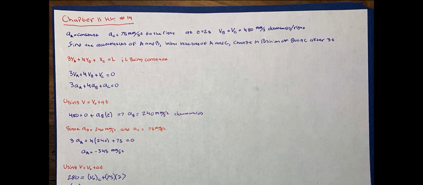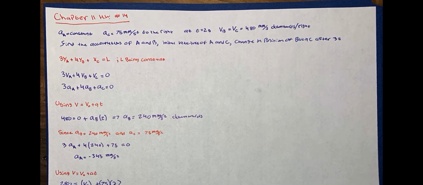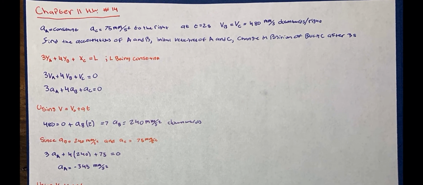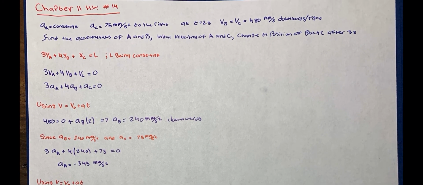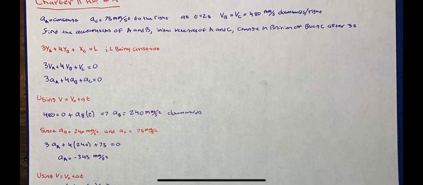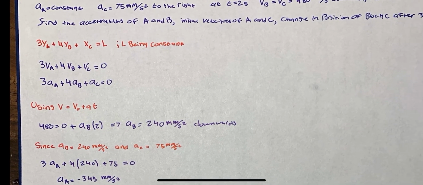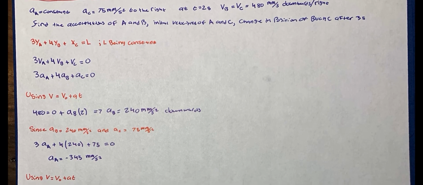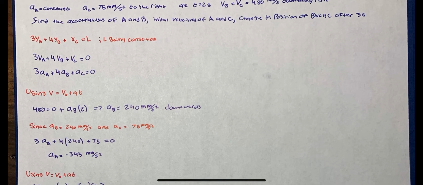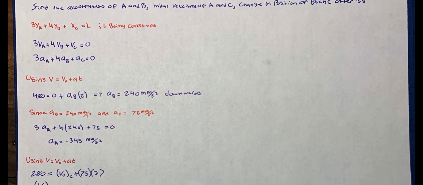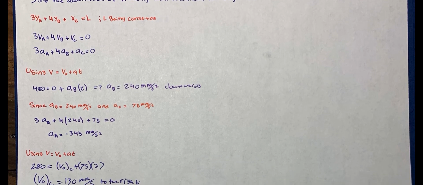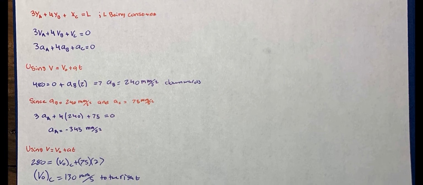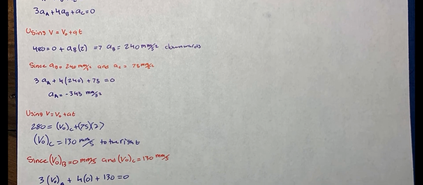Number 14 is just another block problem, a pulley block problem, and it can be modeled as this first equation here. And from that first model, we can get the velocity model and the acceleration model as well.